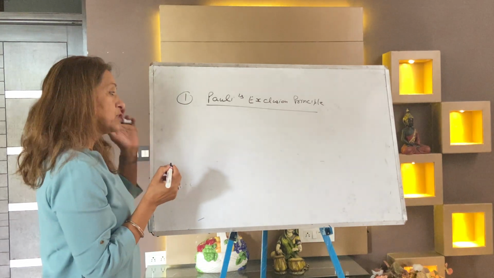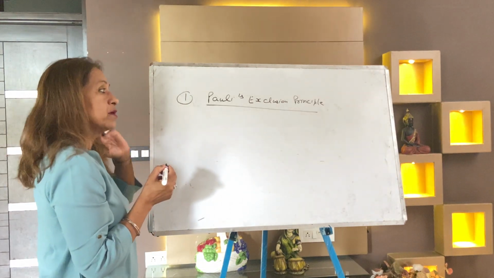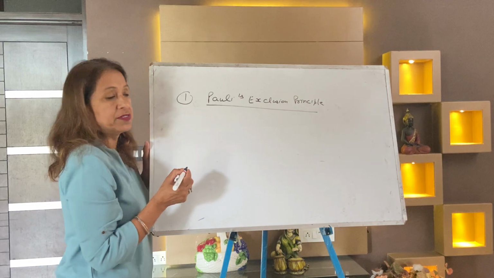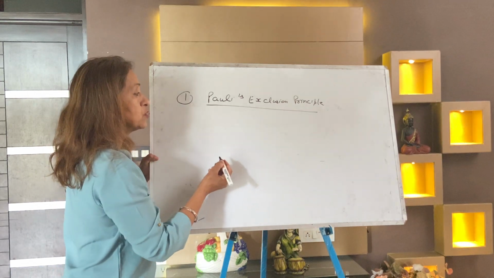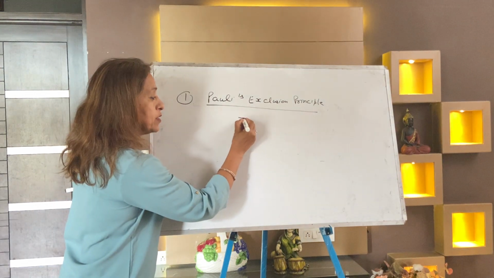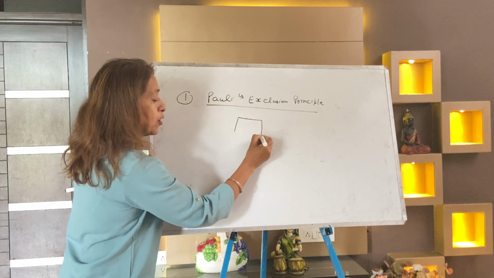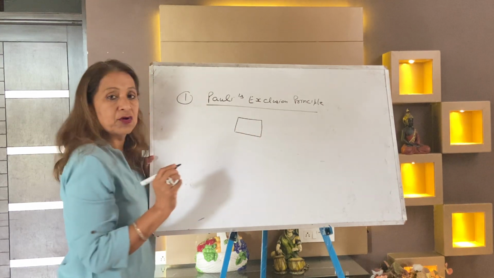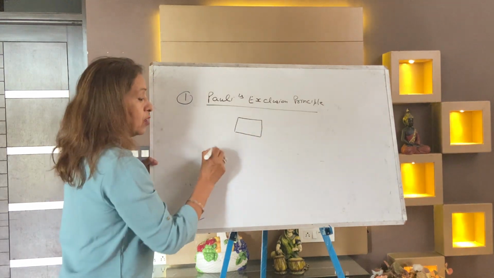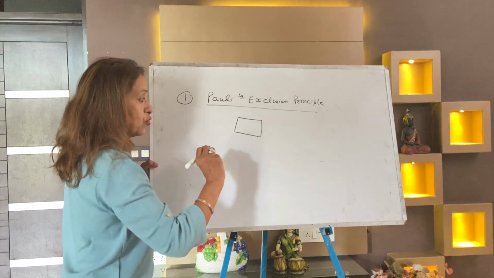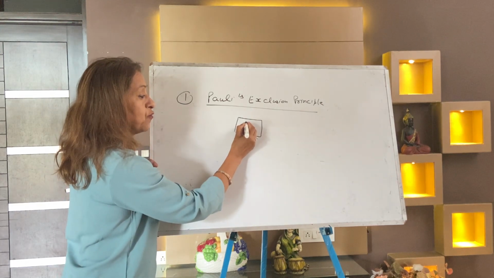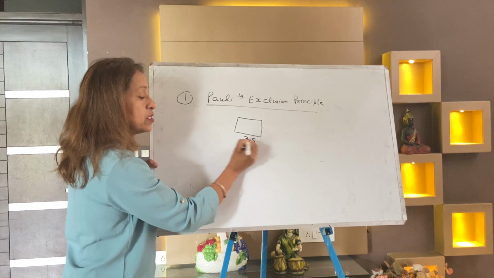Now the first rule to fill the electron in the orbital is Pauli's exclusion principle. According to this rule, in an orbital only 2 electrons are filled, not 3. Why not 3? I will tell you later on. Let it be a 3s orbital.